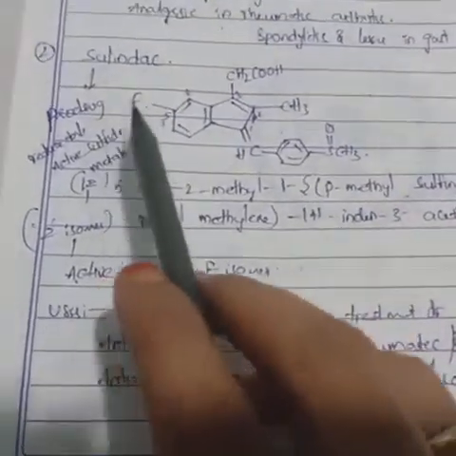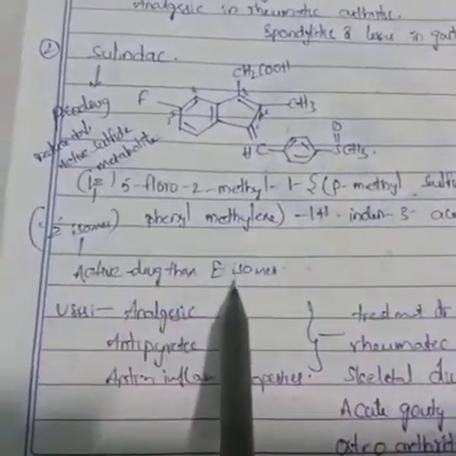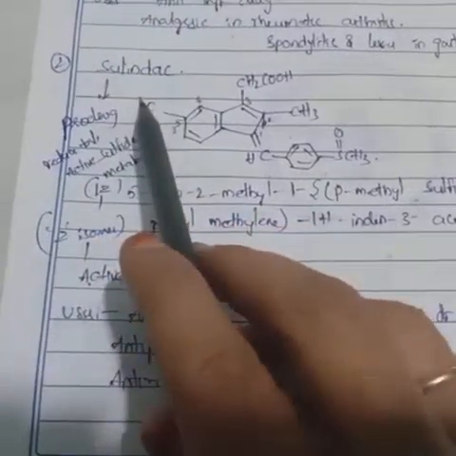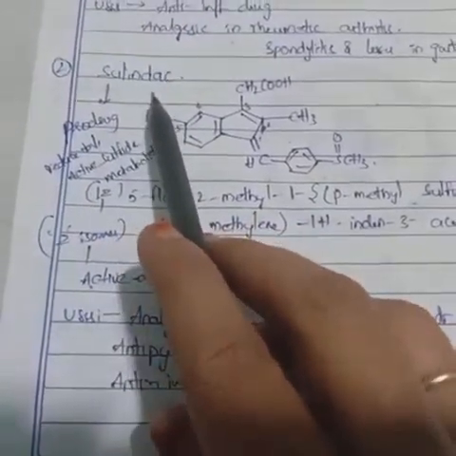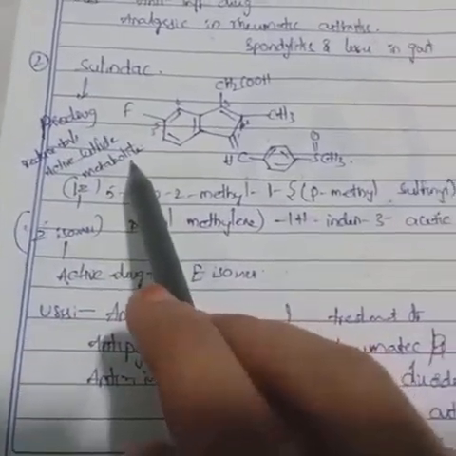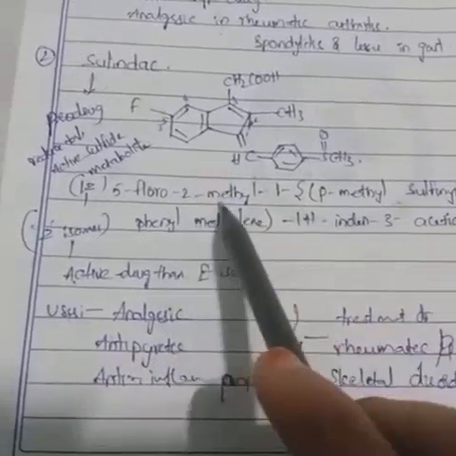So Sulindac is very active in Z isomer when compared with E isomer. This Sulindac is a prodrug. When it is taken into the body, it undergoes reduction to give the active sulfide metabolite. This is the IUPAC name: 5-fluoro-2-methyl.